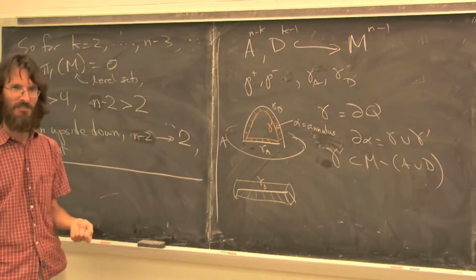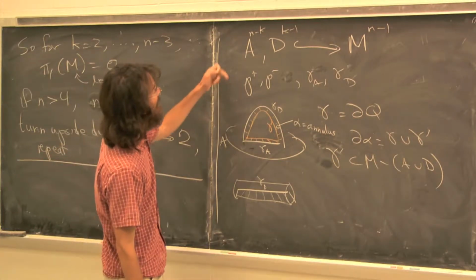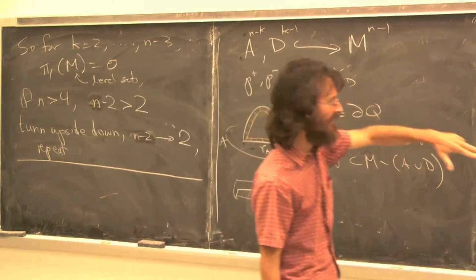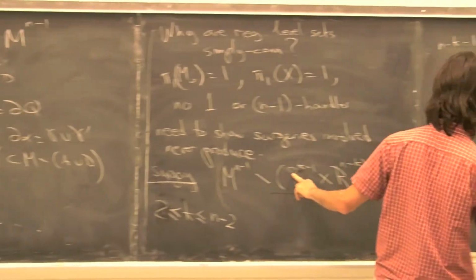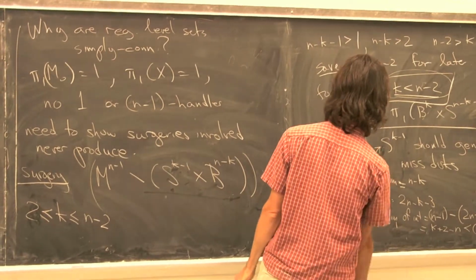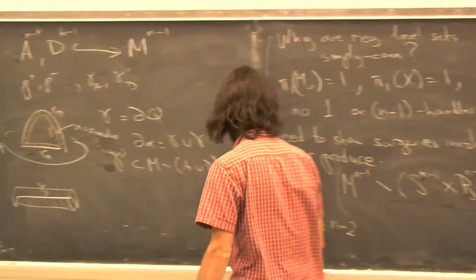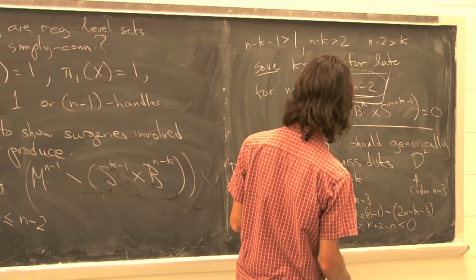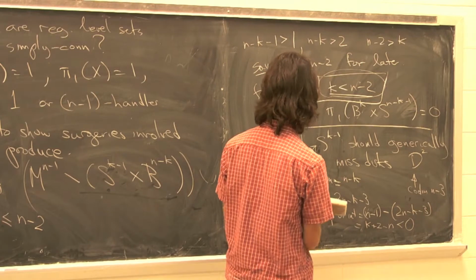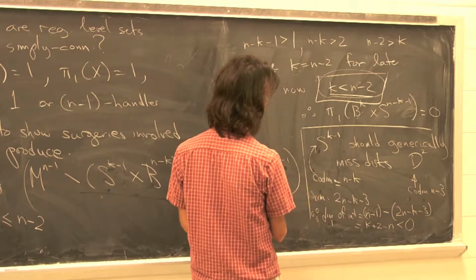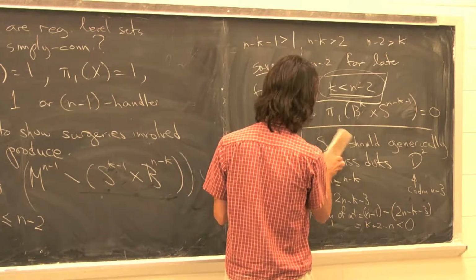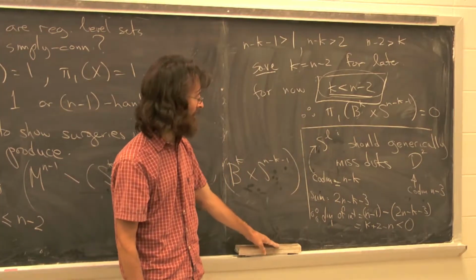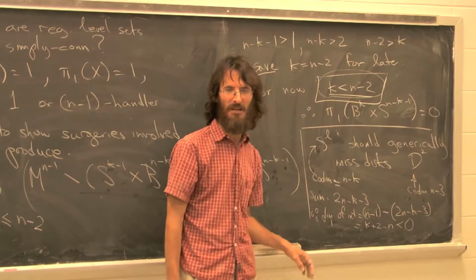Well, in order to have a complement of something be simply connected, maybe I should have done it in full generality. Suppose this is just dimension L. So I have something of dimension L, which I want to miss disks inside an n minus 1 manifold.